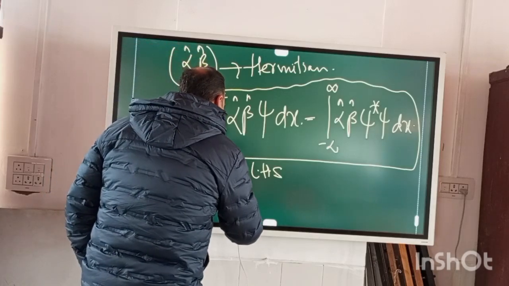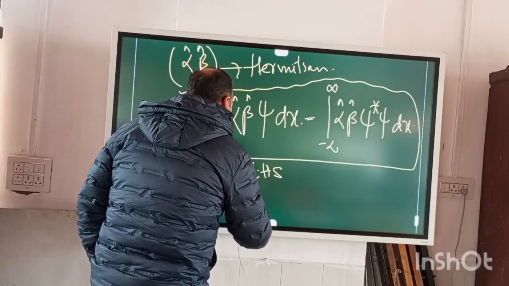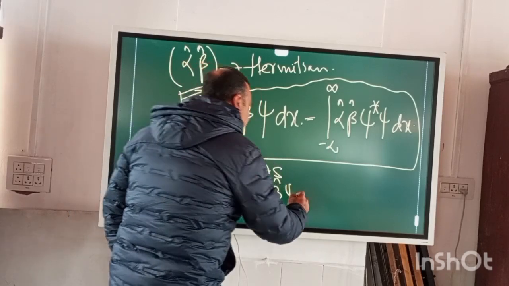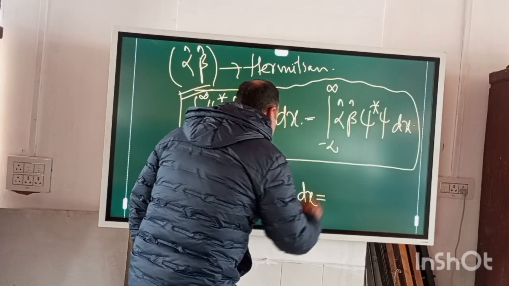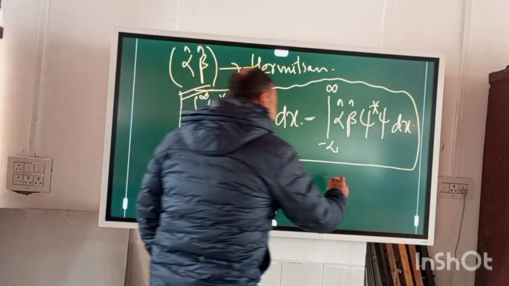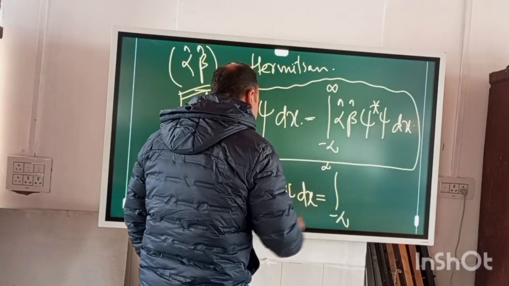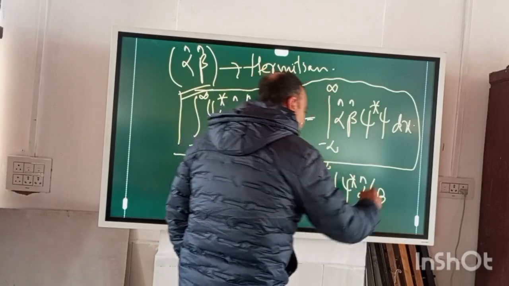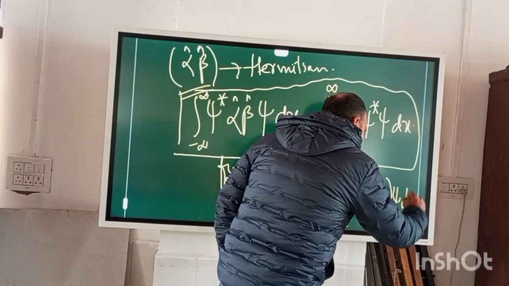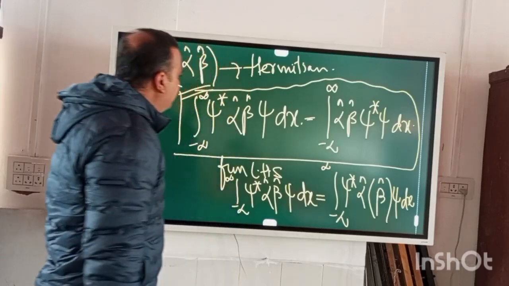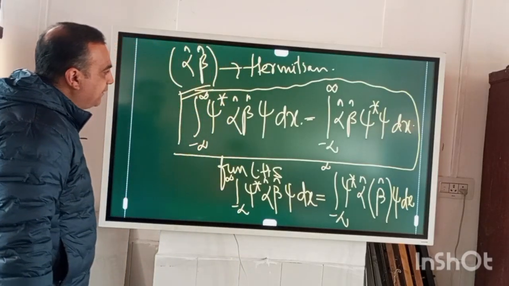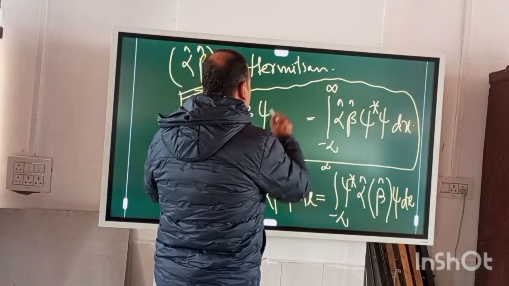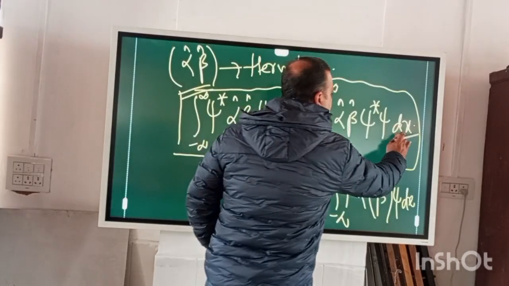That is the integral from minus infinity to infinity, psi star, alpha cap, beta cap, then psi, and dx is equal to. Okay, I can think of writing this as the integral from minus infinity to infinity, then psi star, alpha cap, and beta cap psi dx. Okay, so I think I should use d tau. Let's use the same d tau here.